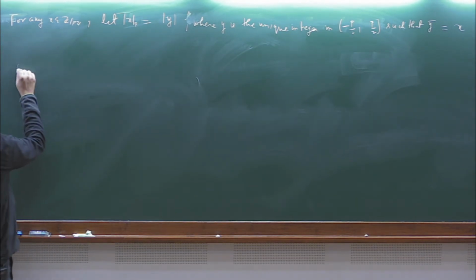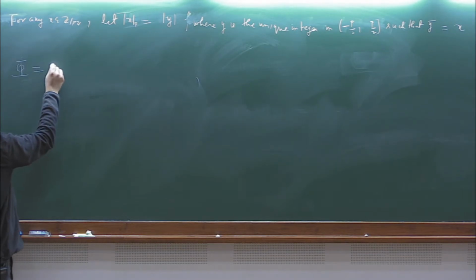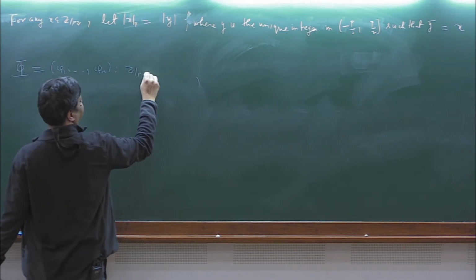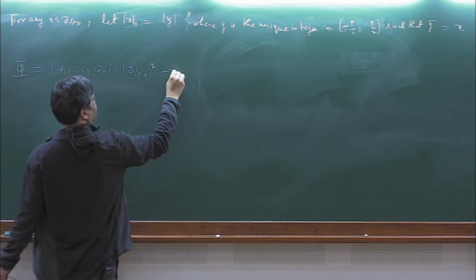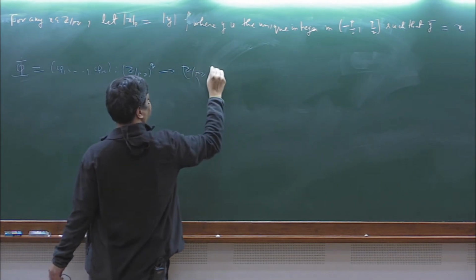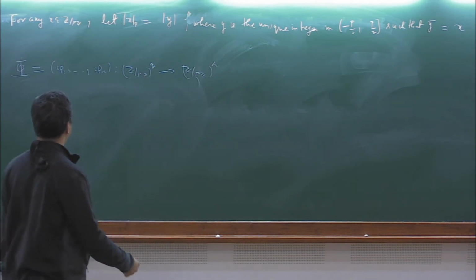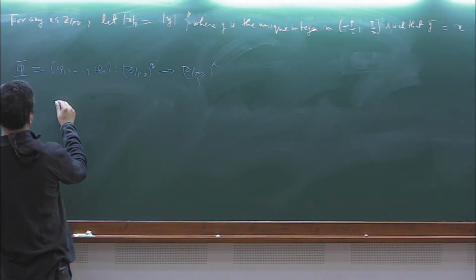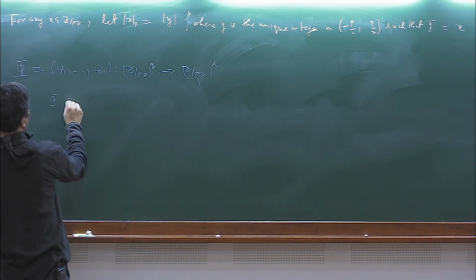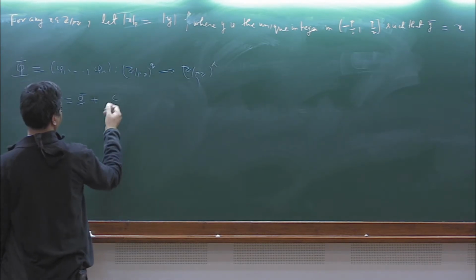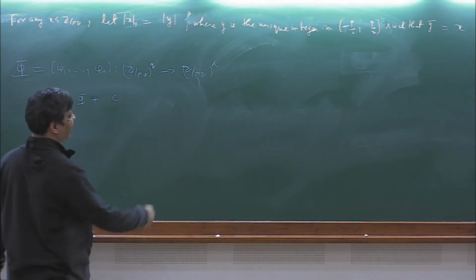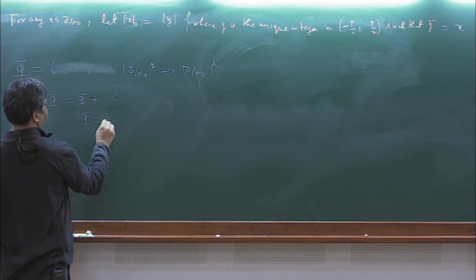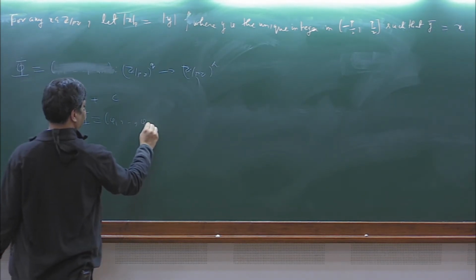Now if I have been given phi bar from Z mod pZ to the R, phi bar is equal to phi plus some c, where c is some number in Z mod pZ, and phi is equal to (phi_1, ..., phi_r).